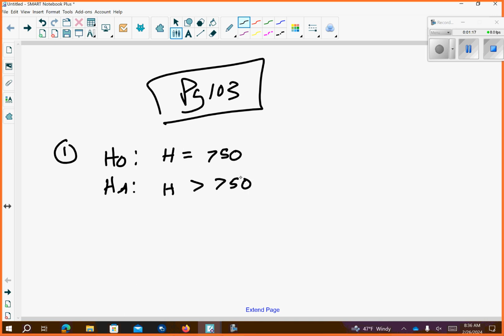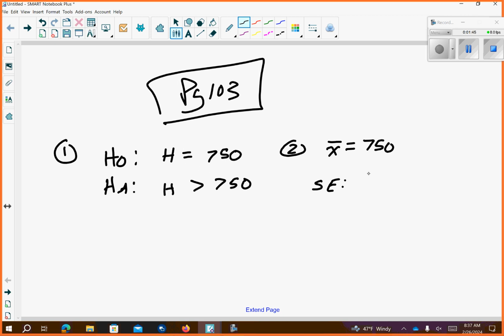Okay, so calculate the mean. The mean is 750. And the standard error, aka standard deviation, is going to be... where did we see it though?